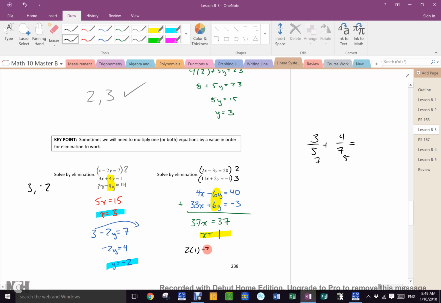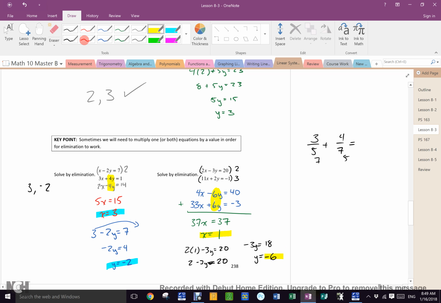Two times 1 minus 3y equals 20. 2 minus 3y equals 20. Minus 3y equals 18. Y equals -6.